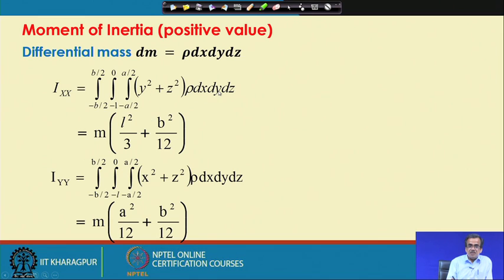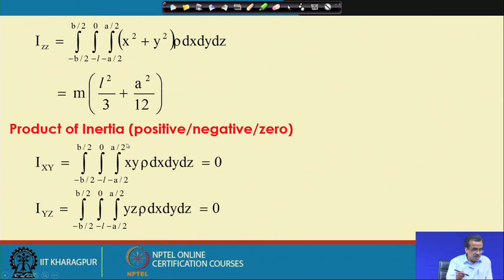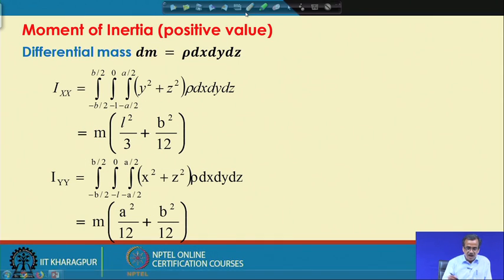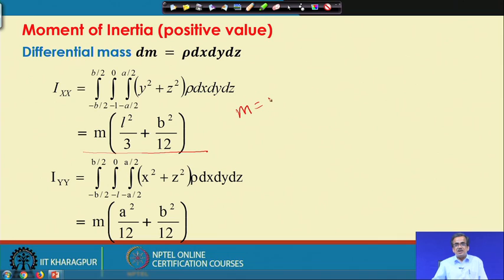If you carry out this integration, you will get I_xx equal to m times (L square by 3 plus b square by 12), where m is the mass of this link, that is rho multiplied by a b L. So, a b L is nothing but the volume of this rectangular link, and multiplied by rho it is the mass.